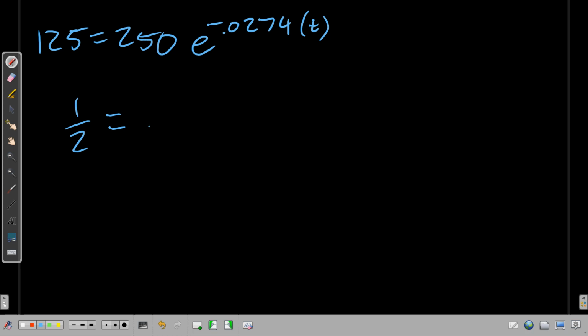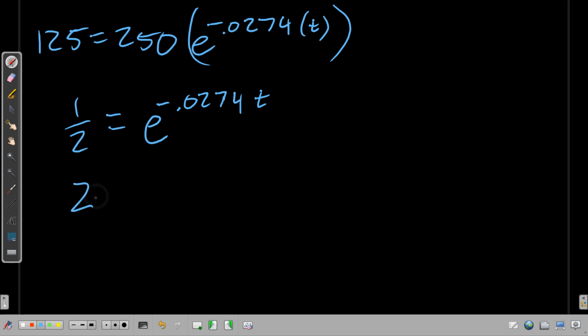It's just a matter of when does this portion right here equal 1/2, no matter what you started with. Because whatever you started with, it would need to be multiplied by 1/2. And so we're really curious about where does this thing equal 1/2.